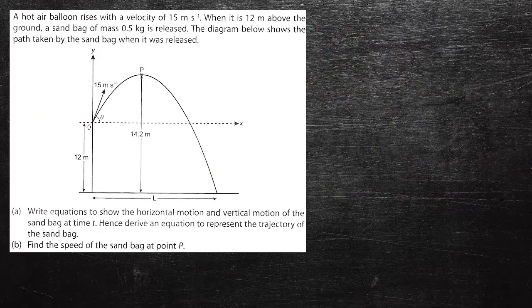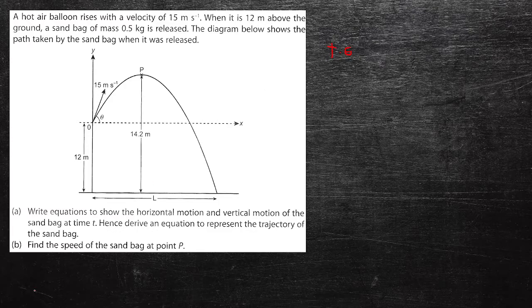Next, find the speed of the bag at the point P. So what will be the speed of the bag at the point P? We can actually use conservation of energy. So how much is the total energy?